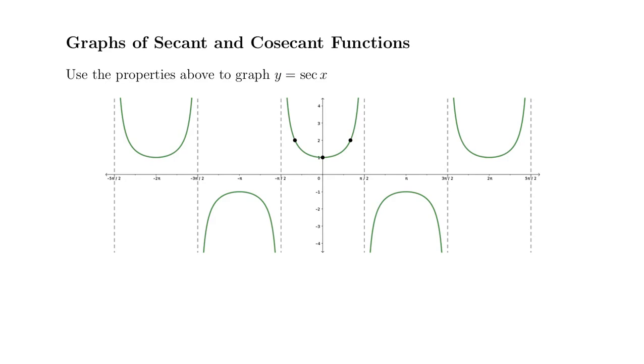So this is what I've got. So here are my points. This right here is pi over 3, and then you'll notice I went ahead and I just grabbed the negative pi over 3 as well, because I know I have this nice even symmetry on here. And then we know at 0 cosine is 1, so the reciprocal secant is also going to be 1.